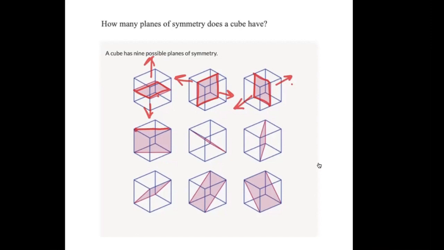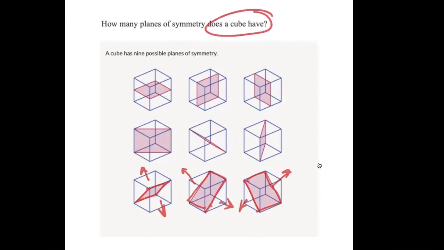A cube can have this diagonal plane as well, so this right angle triangle prism and this prism are separated. It can also have it like this, so that this part and this part are separated. Even this, so this prism and this prism are separated. The idea is to show you that it has 9 planes of symmetry. So please remember that a cube has 9 planes of symmetry.